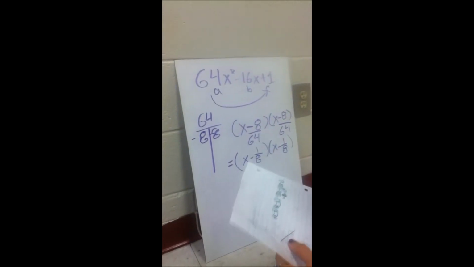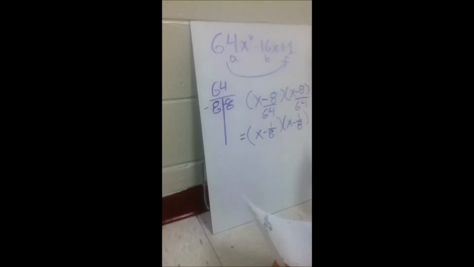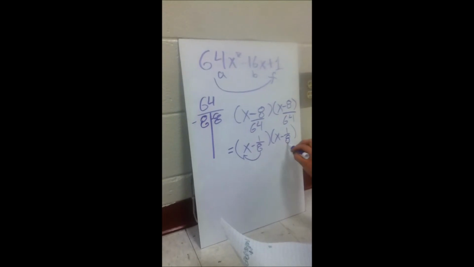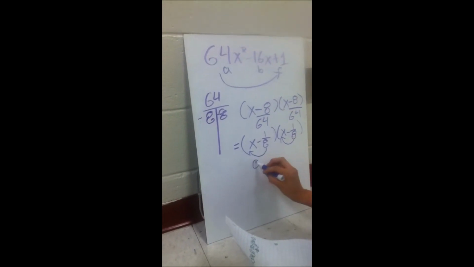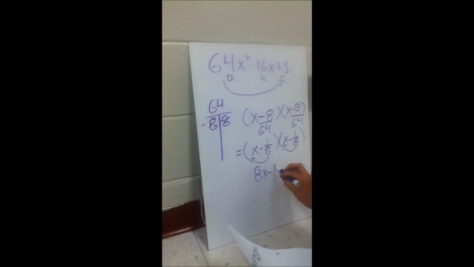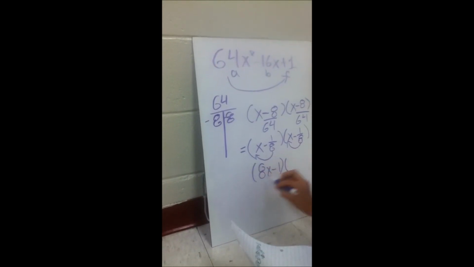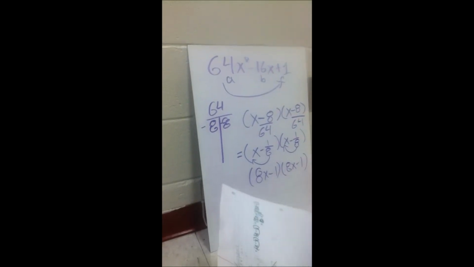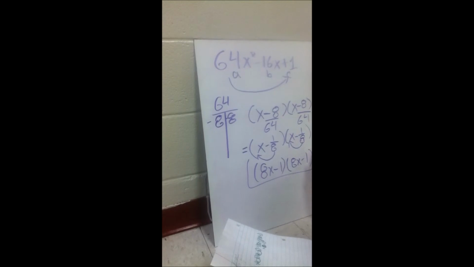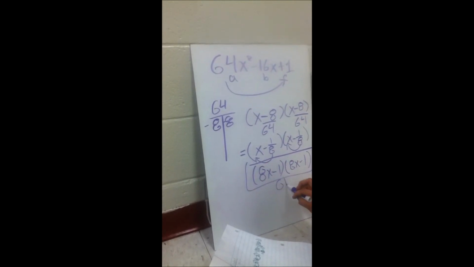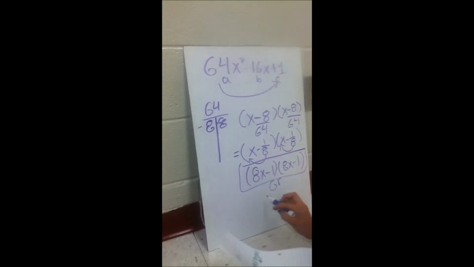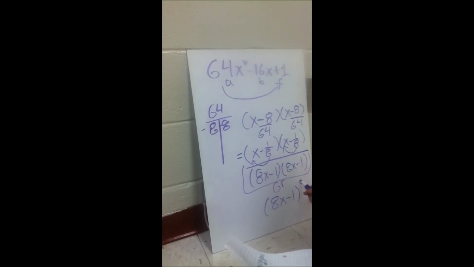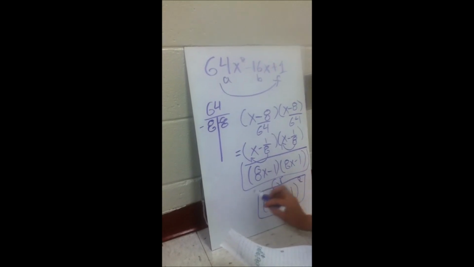And then you take the denominator and put it in front of the x. So that equals 8x minus 1 and 8x minus 1. You can have that as your answer, or since both of them are the same, you can have 8x minus 1 squared. Either one works.